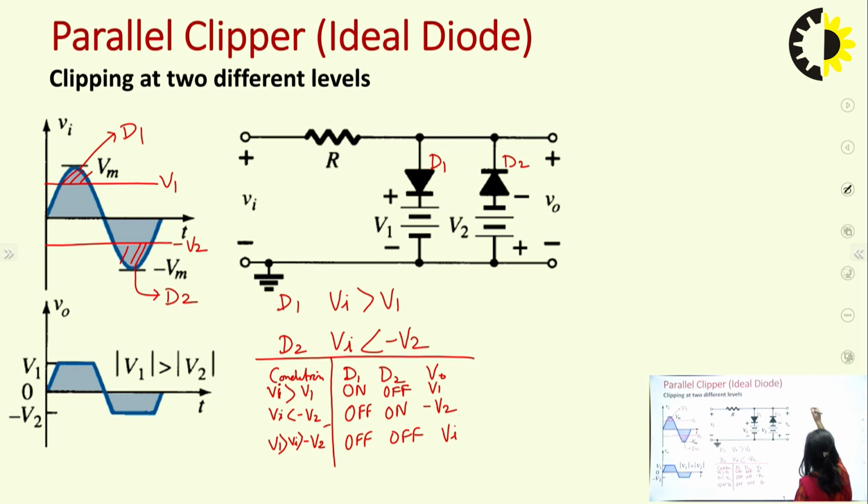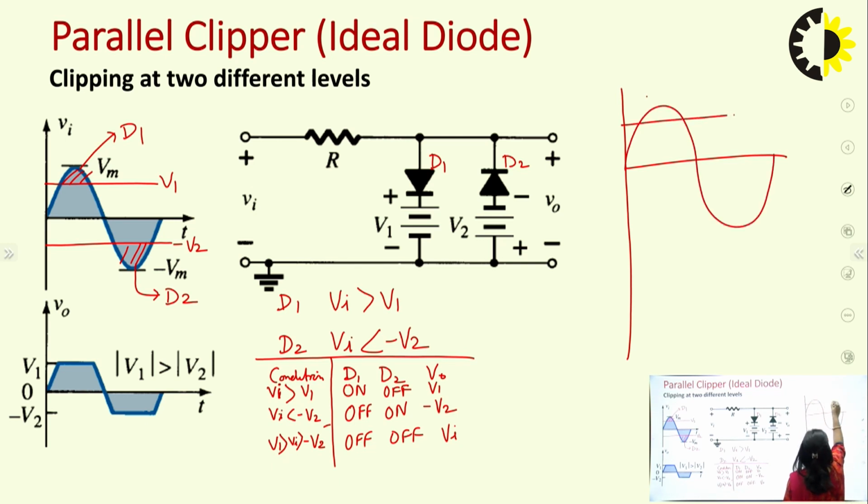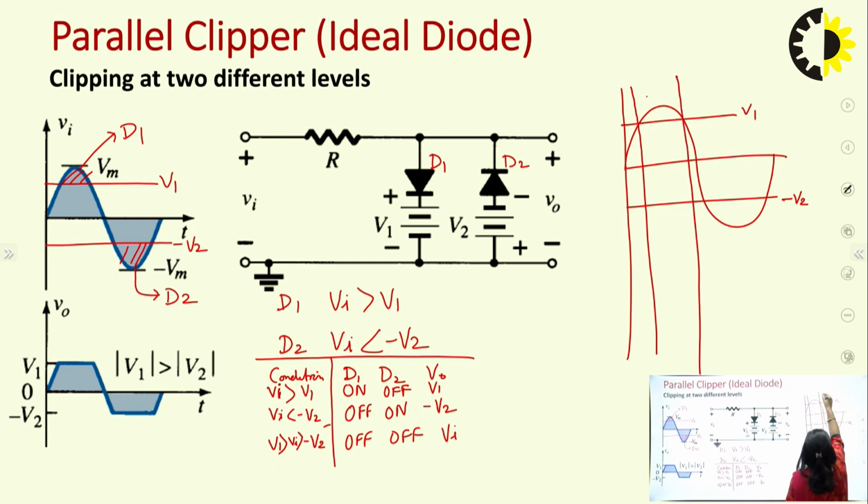Now we can plot the output. This is our input waveform, and this is our V1, this is our minus V2, and we will draw lines like this.